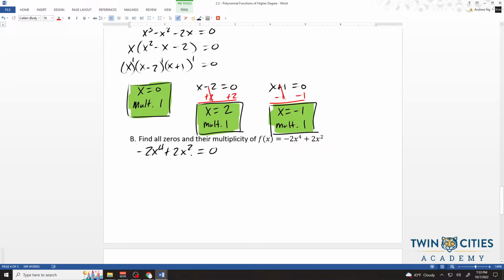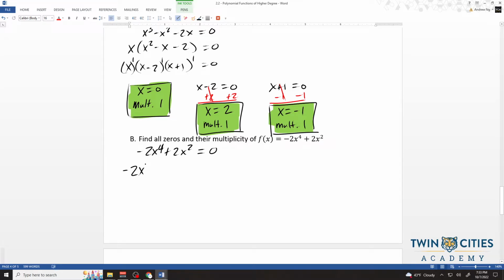And let's factor out anything that we've got in common. I know I can factor out a 2. I'm going to make this a negative 2 that I'm going to take out so that my leading power is positive. So I'm going to factor out a negative 2. And I can also take out x squared because this is x to the fourth power and this is x squared.